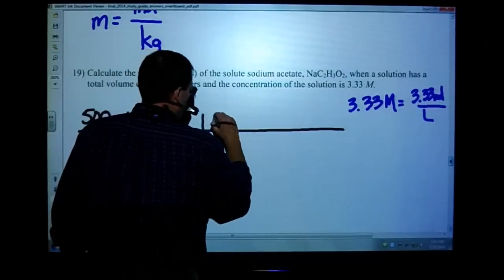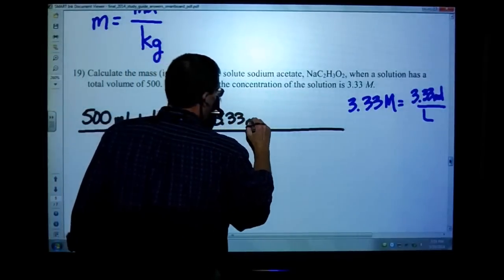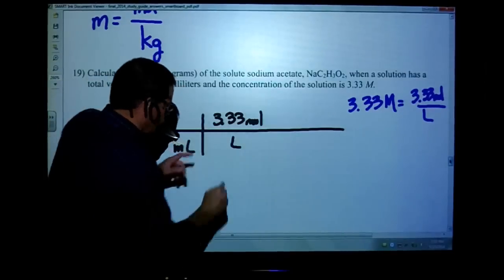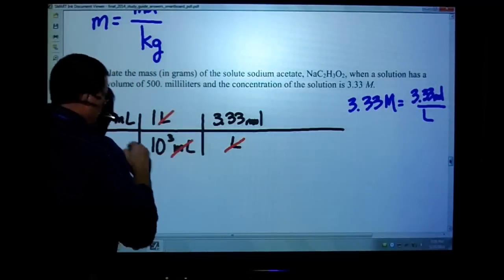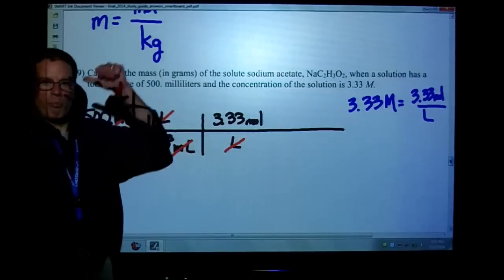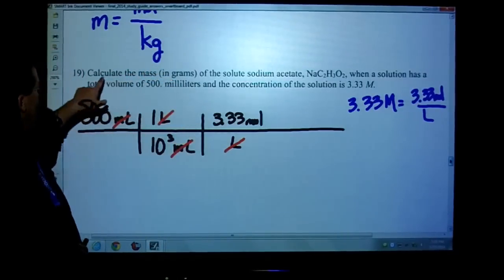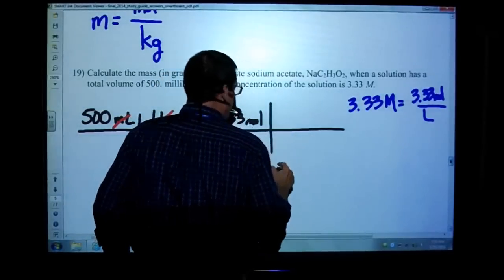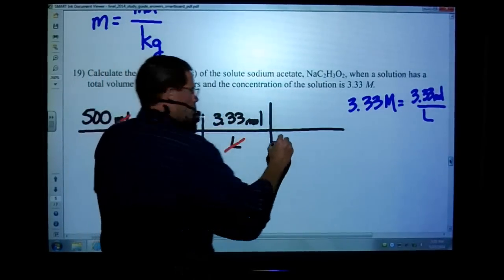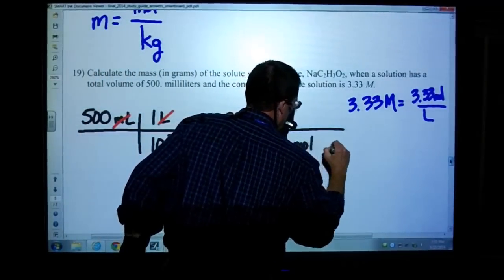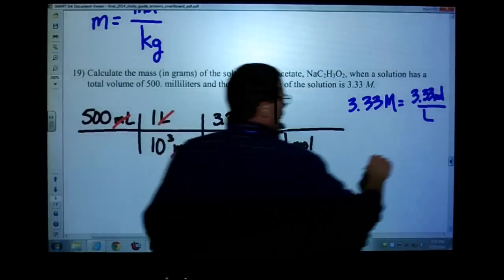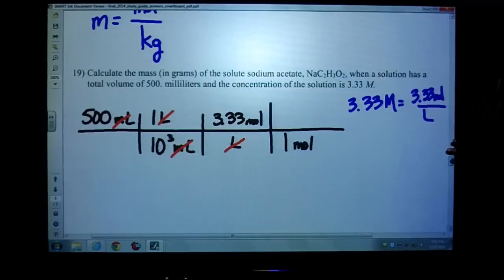Now we're getting ready to move that unit diagonally. So I'm going to put my 3.33 moles right there, and my liters are right there. So ideally, my units for volume, gone. Now I can answer the question by calculating for the mass by going an additional step, moving that unit volume right down here. And then all I have to do is plug in for my mass. And I found the mass for the sodium acetate on top. That wasn't by accident.